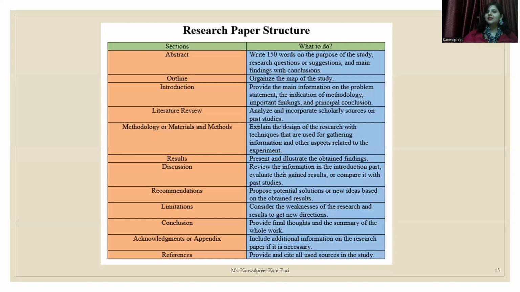Then we have the results, findings. Then we give the discussion part, giving meaningful interpretation to the results. Then recommendations, limitations, conclusion, acknowledgements or appendix, and references. A few parts may remain optional and a few parts are always mandatory. So just try to start writing a research paper. Remember, a research paper is not an essay. It is not copy paste.